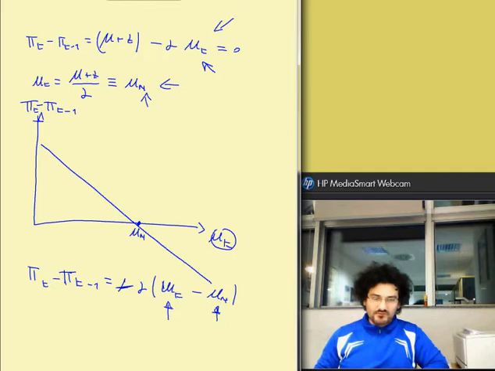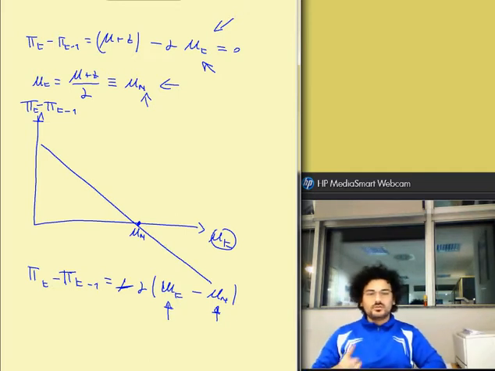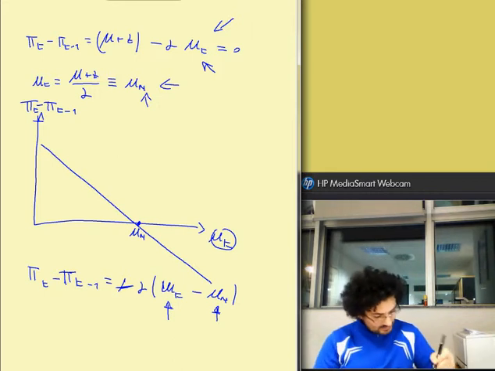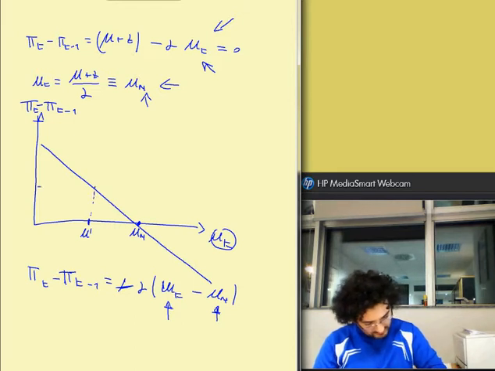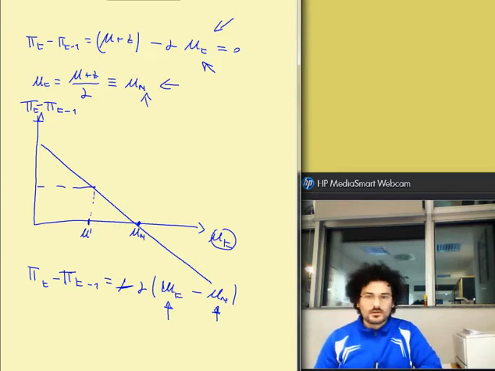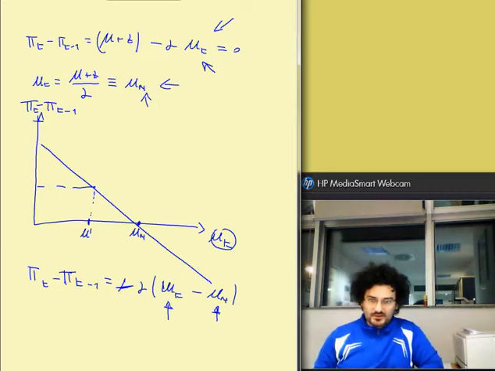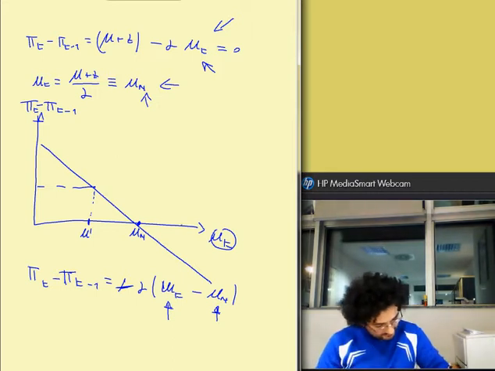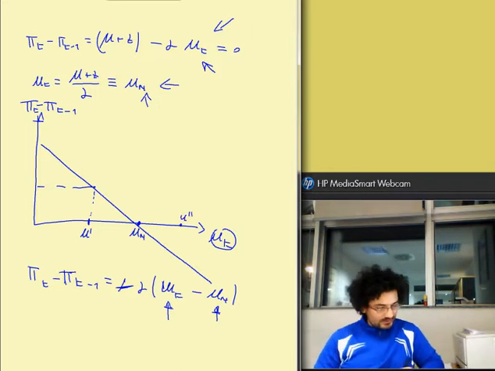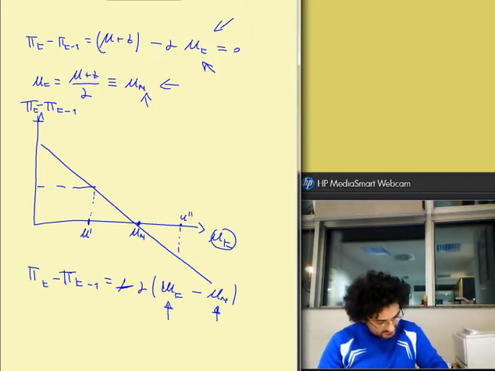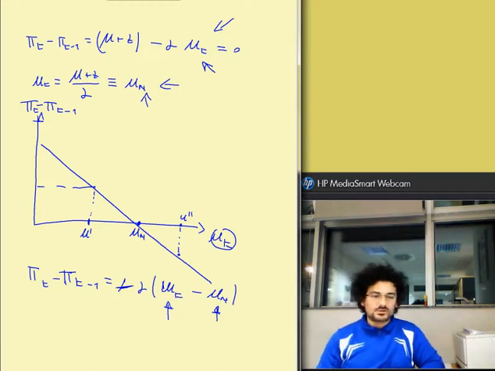There is a positive inflation, but this inflation doesn't change. If the unemployment rate is lower than the natural level, we have a continuous increase in the inflation rate. If the unemployment rate is higher than the natural level, we have a continuous decrease in inflation rate.